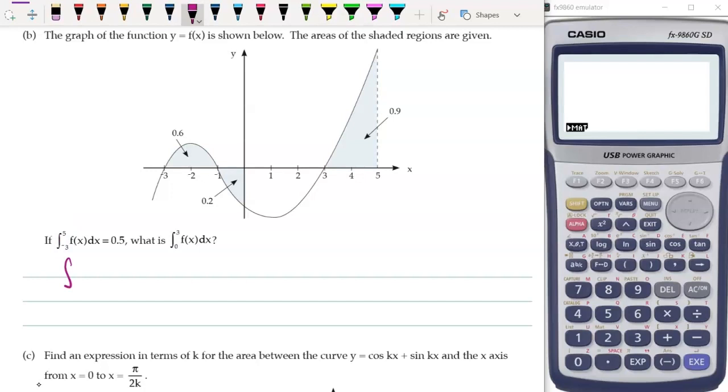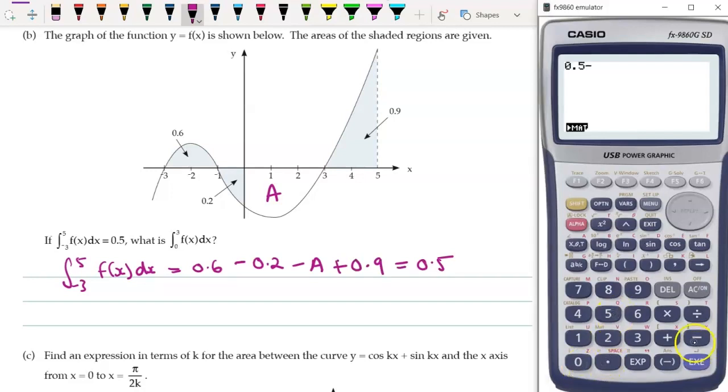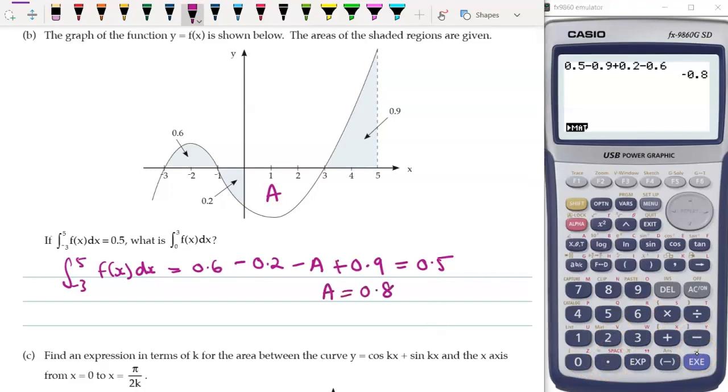So that integral from minus 3 to 5 of f of x dx will be 0.6 minus 0.2, let's call that a, minus a, because it's below the axis, and then plus 0.9 will come to 0.5. So 0.5, take off 0.9, add on 0.2, take off 0.6. We've got minus a is equal to minus 0.8, so a equals 0.8.